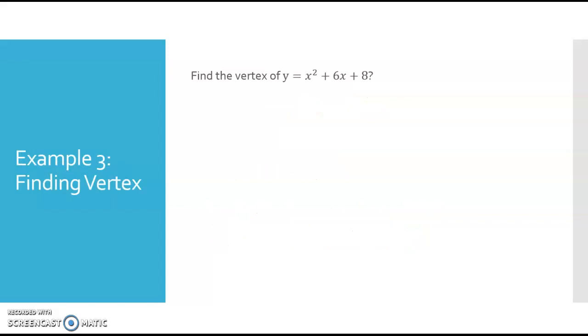So, find the vertex of y equals x squared plus 6x plus 8. Now you may say, but Mrs. Cartwright, we can do the opposite of b over 2a. You're right, but it wants us to use our lovely completing the square. So I am going to move this 8 to the other side.